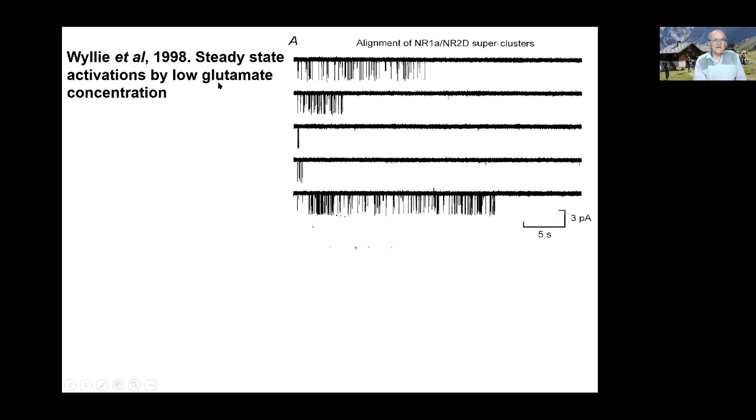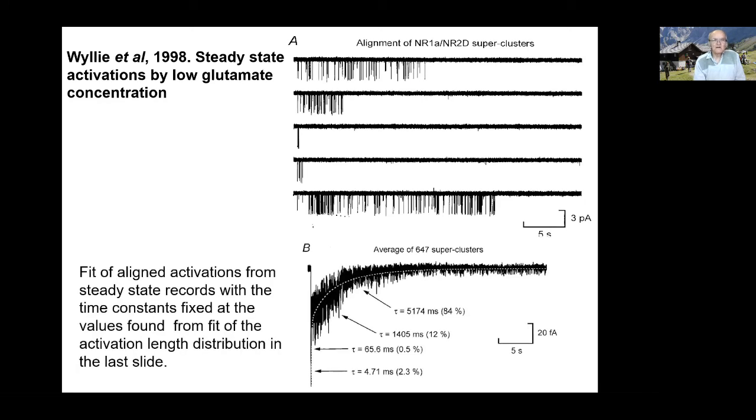These are some steady state activations by low glutamate concentration for the 2D type channel, and they've been aligned on their first openings, and the average of these is pretty noisy.